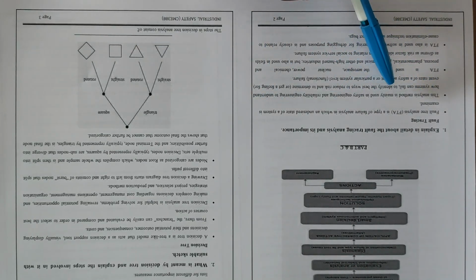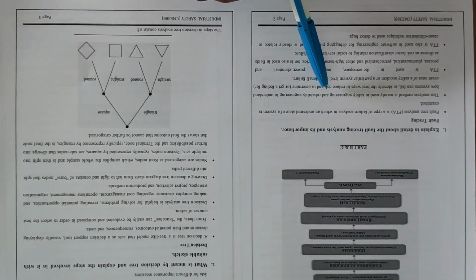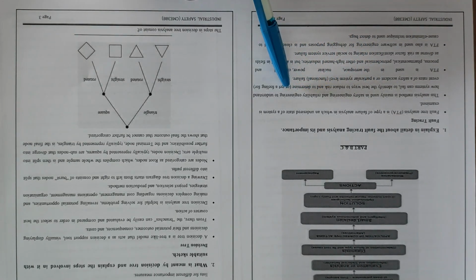This analysis method is mainly used in safety engineering and reliability engineering to understand how systems can fail, to identify the best ways to reduce risk, and to get a feeling for event rates of a safety accident or a particular system level functional failure.